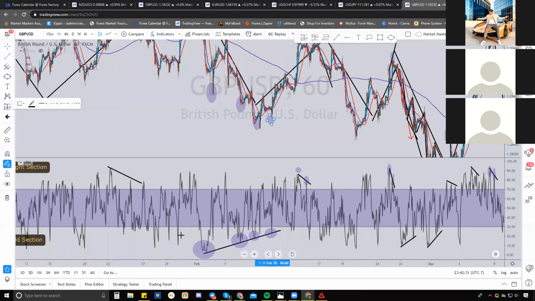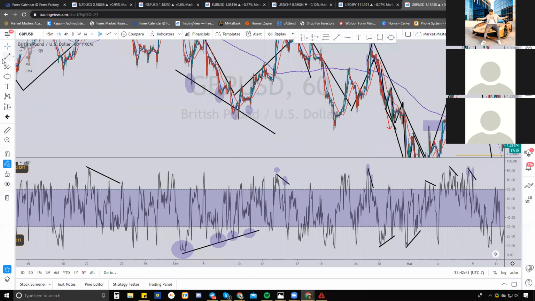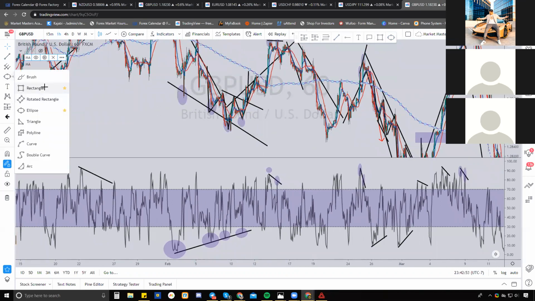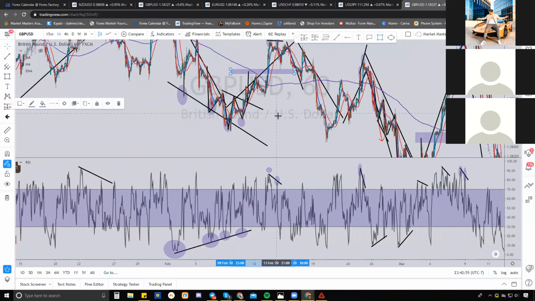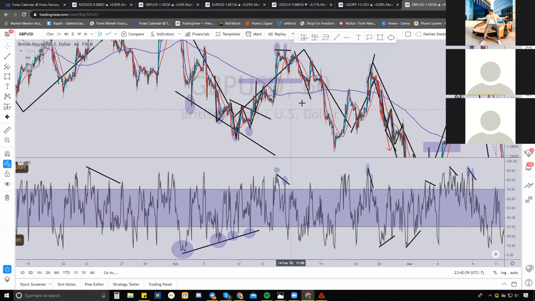So overall, what's happening is price is showing that it's going down. Now on the RSI, we see that price is expected to go up. Now, if you see the pattern that we see right here, inverted head and shoulders, neckline, distance from neckline to head should be going up. You can see the target was definitely hit. And that's how the RSI indicates when price is expected to reverse.